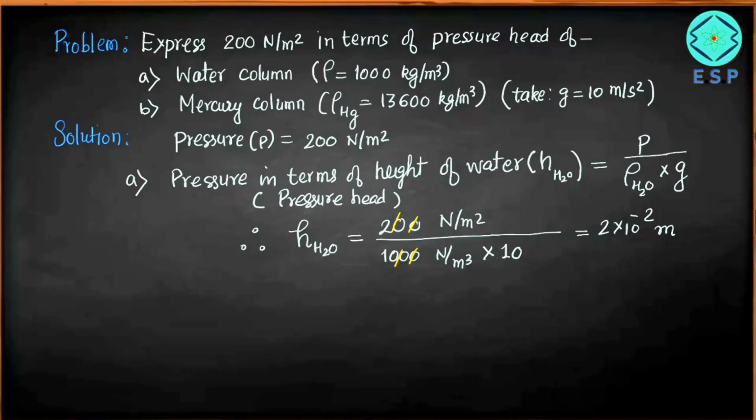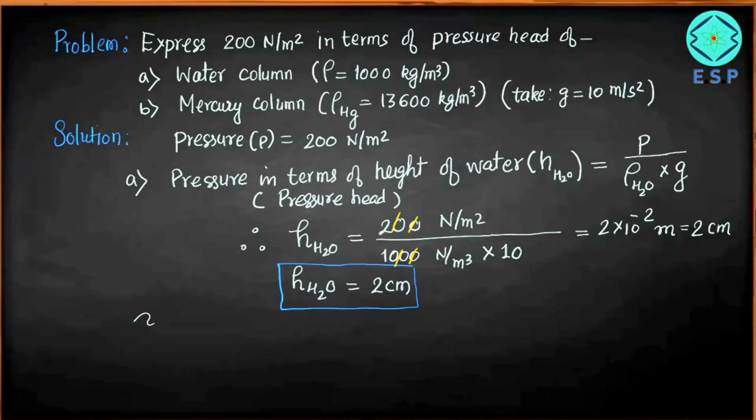So 200 newtons per meter square will be equivalent to the pressure head of water having a height of 2 into 10 raised to minus 2 meter. If I do it in centimeters, I can say it is 2 centimeters. So in a simple way, I can write down the pressure head of water will be 2 centimeters.